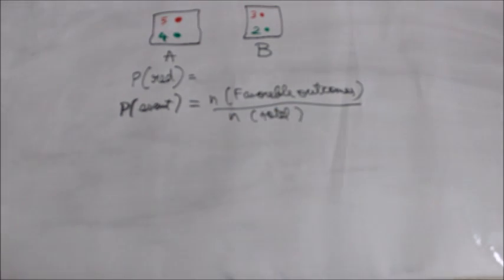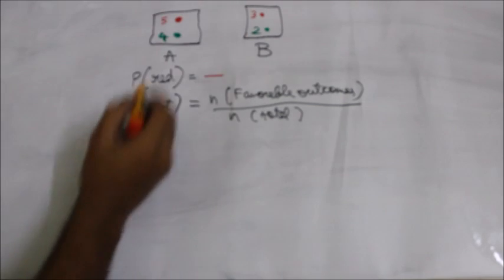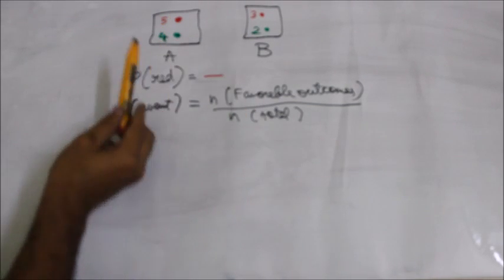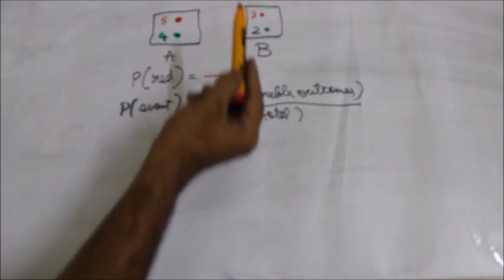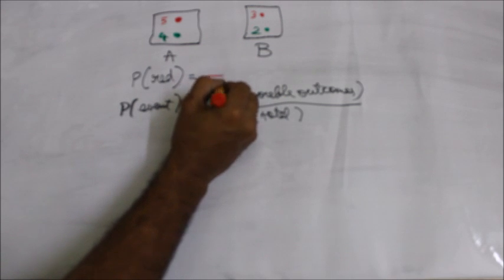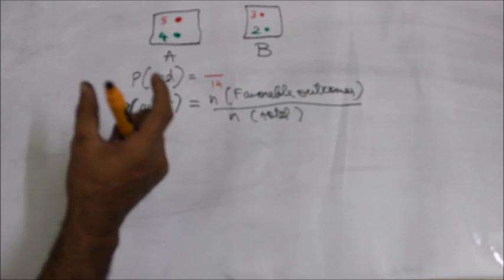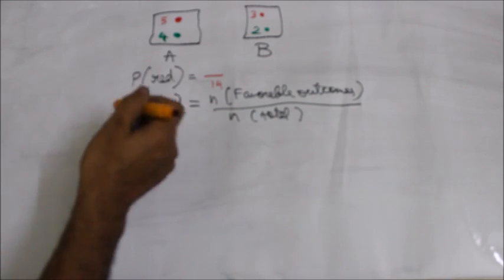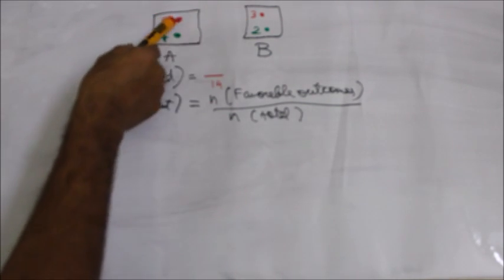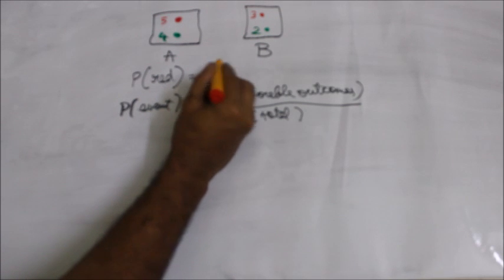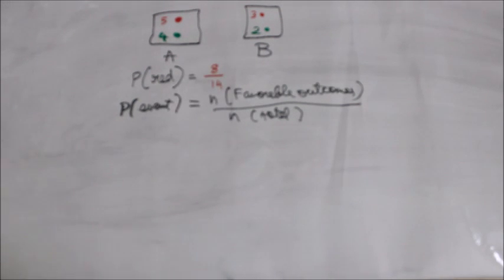And here, if you look at all the balls, the total number of outcomes will be the total number of balls, which is 5 plus 4 is 9, plus 3 is 12, plus 2 is 14. The favorable outcomes here are the event where the ball you pick is red. So the total number of balls that are red is 5 plus 3, which is 8, and you have the probability of 8 by 14.